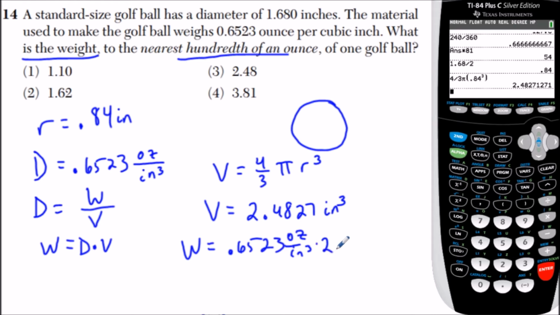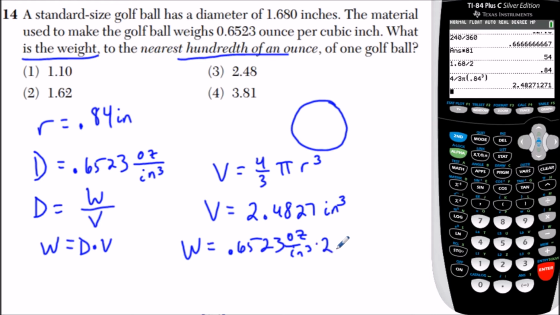We already have this in the calculator, so just do times 0.6523, and to the nearest hundredth, that's going to be 1.62. And it's ounces. The reason why I like to write the units out is so you can see the cancellation. Cubic inches cancels out with this cubic inch over here, leaving you with just ounces. So in this case, 14 is going to be choice 2.